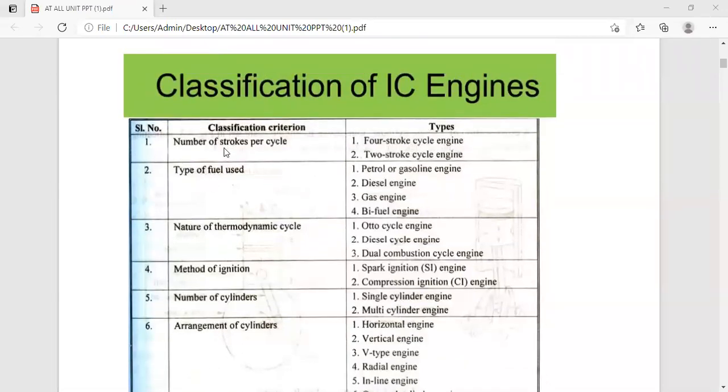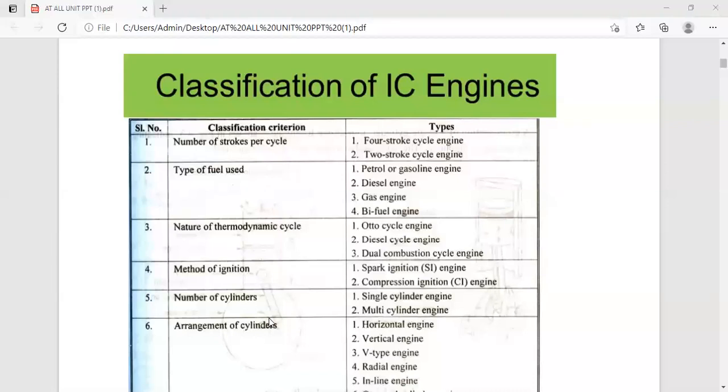So just in brief, I am repeating once again: number of strokes, 4-stroke and 2-stroke; type of fuel used, petrol, diesel, gas, or nowadays biofuel. Next, nature of the thermodynamic cycle: Otto cycle, diesel cycle, and dual cycle. Method of ignition: spark ignition, we call it an SI engine, and compression ignition, we call it a CI engine.